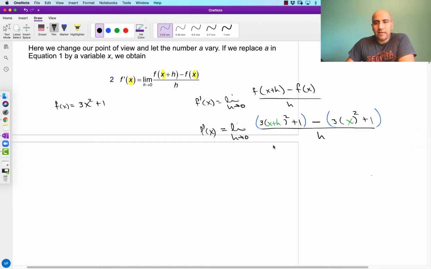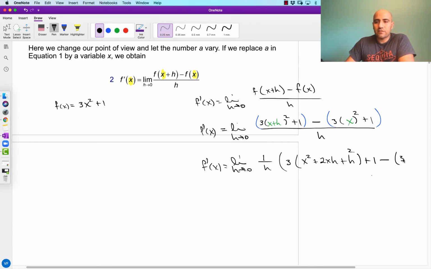Okay, so foiling this out, we get f prime of x is equal to the limit as h goes to 0. And I'm going to rewrite this 1 over h over here. Makes it a little easier. And it'll be 3 times, and then if I FOIL this out, I'll get an x squared plus 2xh plus h squared plus 1, minus, and then this is just 3x squared plus 1.